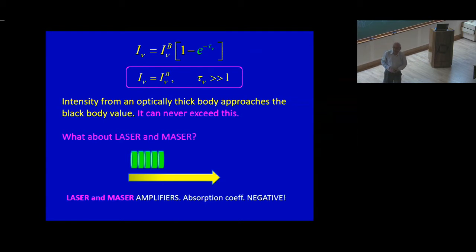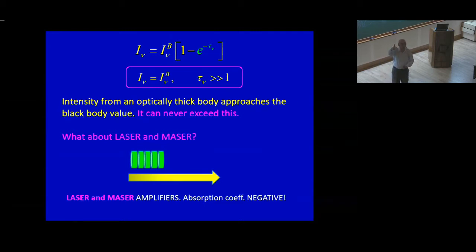It should not be minus there, or if you want to keep it plus there, alpha nu you would say is negative. Okay? So a laser or a maser is not an absorber, it is an amplifier.